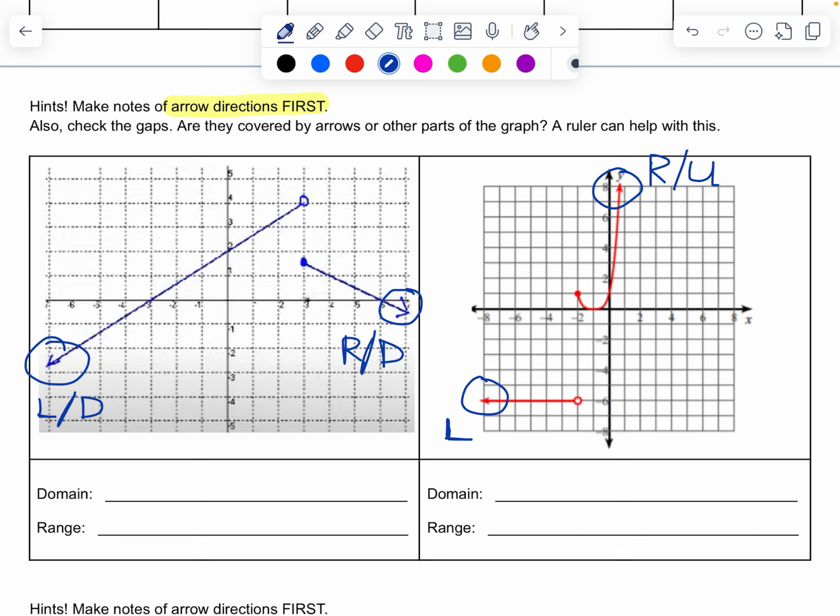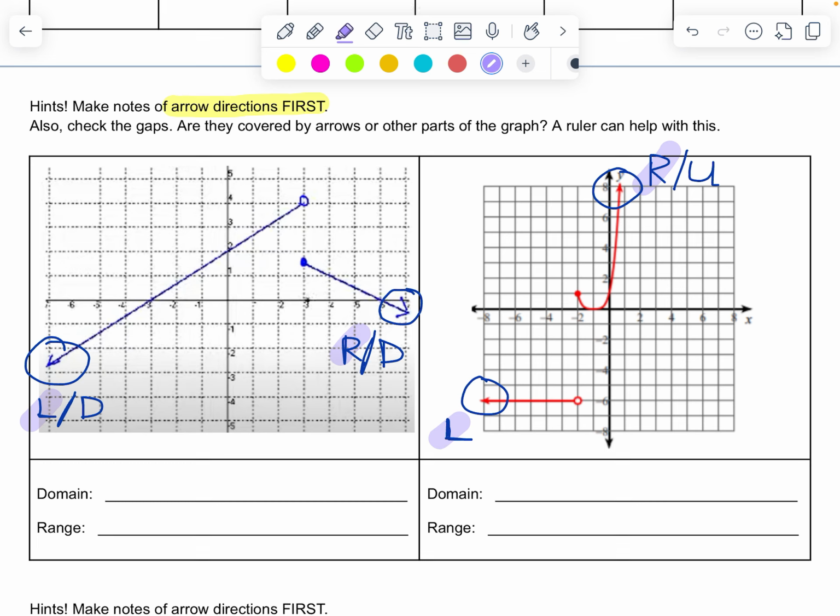What I can do here is go ahead and install that into my domain and range right away, because I know that it covers everything that's not on the graph. I think I was using purple for this. The left and the right are phrases that cover us as we travel in those directions for the x values.